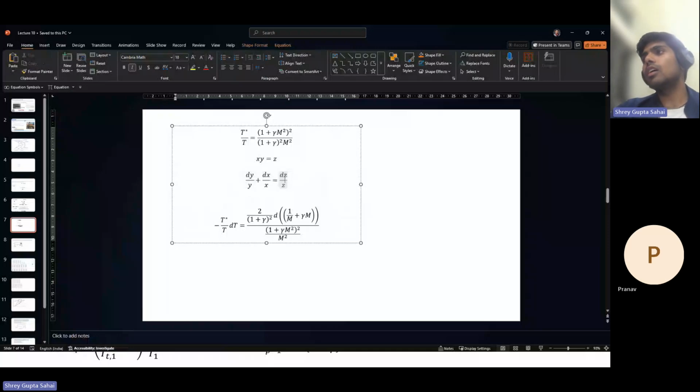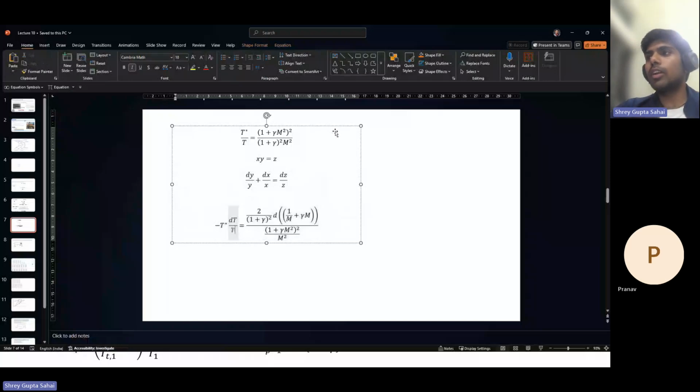Similarly, T star is a constant, so we don't differentiate that. We write T star, dT by T. Then we write the differentiation of this entire thing, divided by the entire thing itself. The Mach square I took inside.